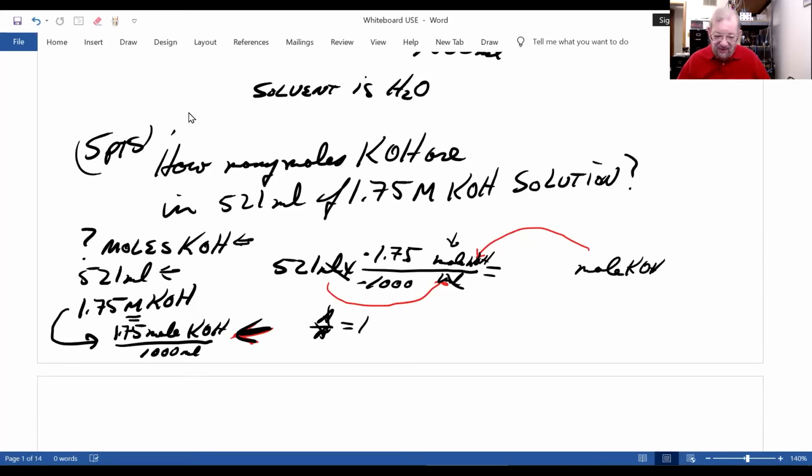Now, just to remind you, this is an exact number. It plays no role in significant figures. So in this case, we have 521, 3 significant figures, 1.75, and that's 3. So my answer should be 3 significant figures.